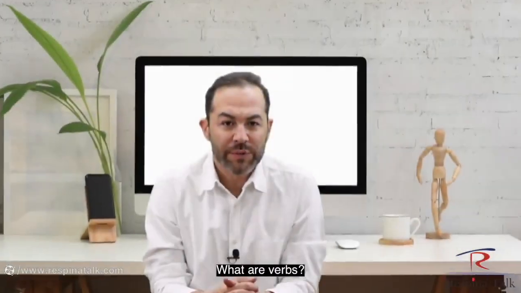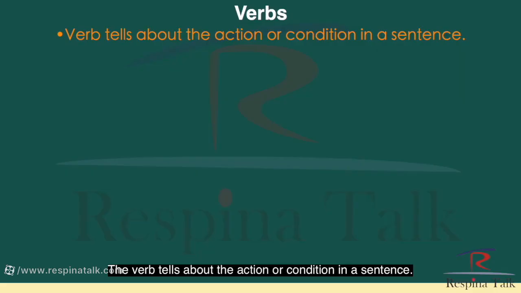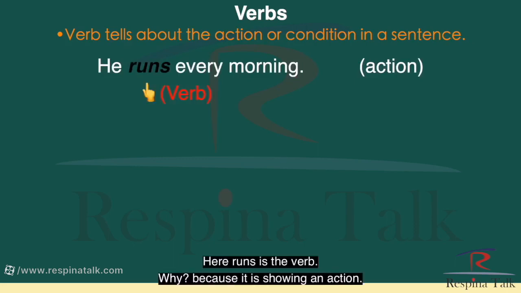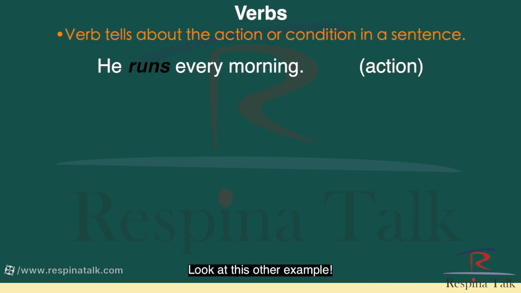What are verbs? The verb tells about the action or condition in a sentence. For example, he runs every morning. Here, runs is the verb. Why? Because it is showing an action. Look at this other example.